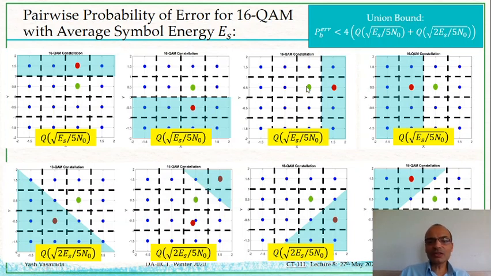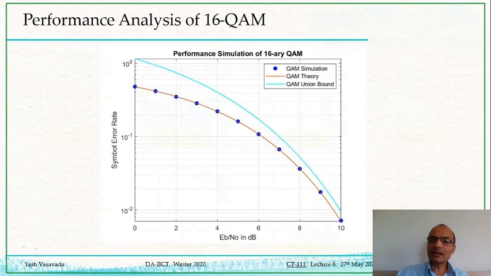The union of these 4 blue stripes will already give us that. So we can actually get rid of this second term over here. If we do that, then that upper bound will become even better than this blue line.